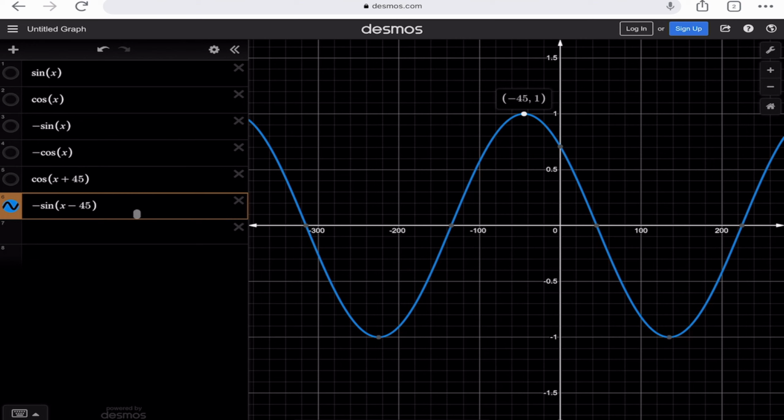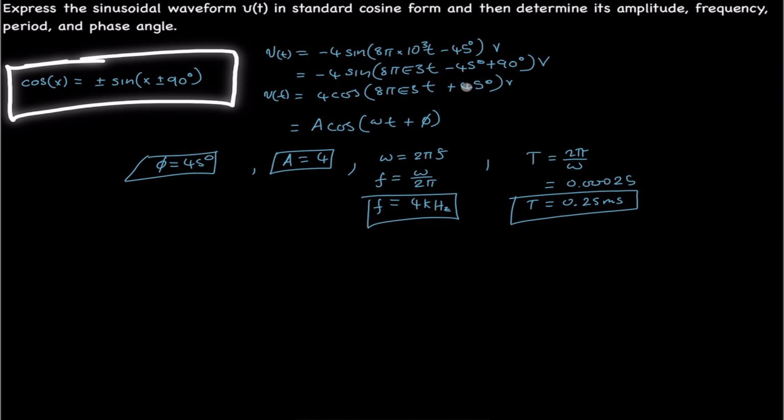We just use a standard sine. So if we add 90 as what we just did to our negative sine, we end up with a cosine of 45.